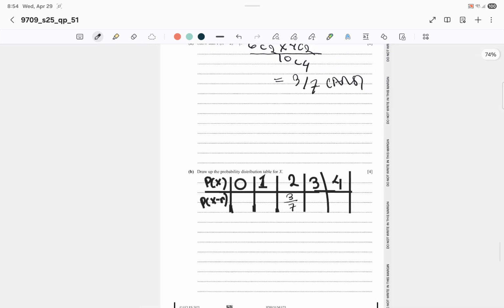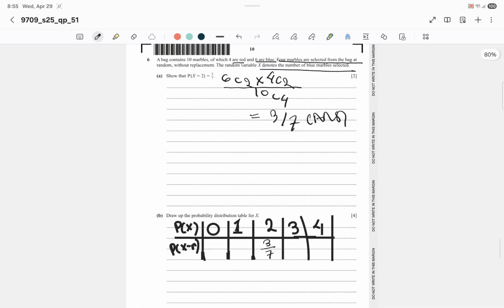So the probability of getting this is basically 4 by 10 into 4 by 10. Okay, wait, 4 marbles are selected from 10 marbles.